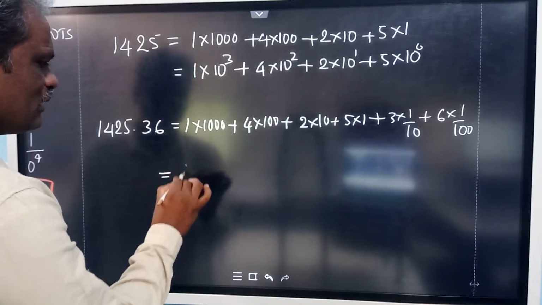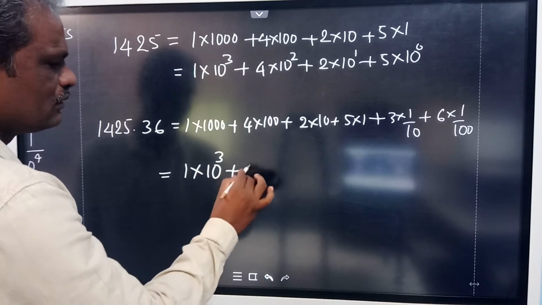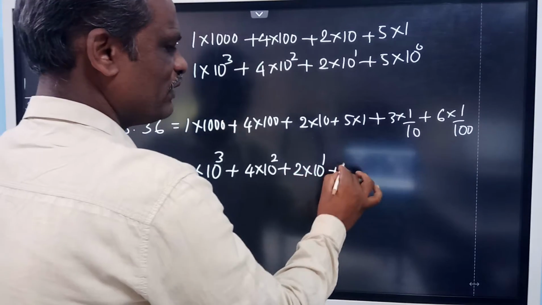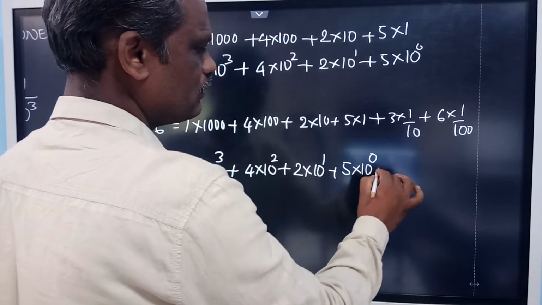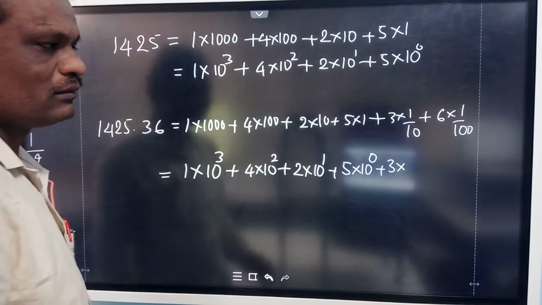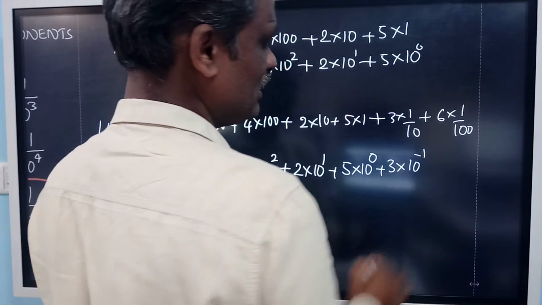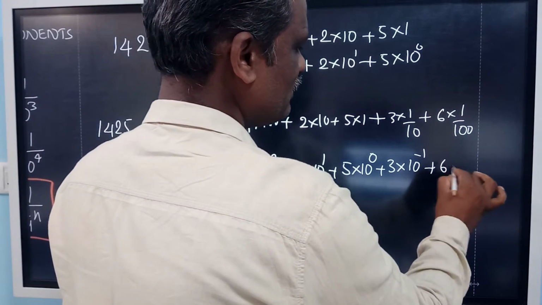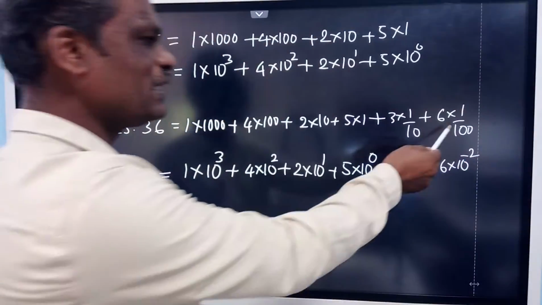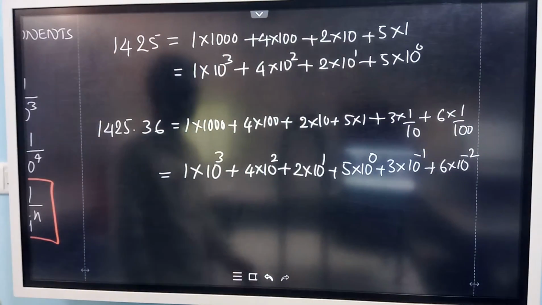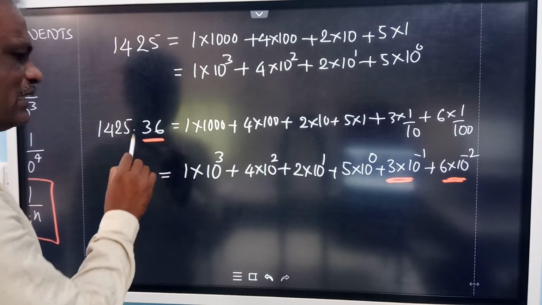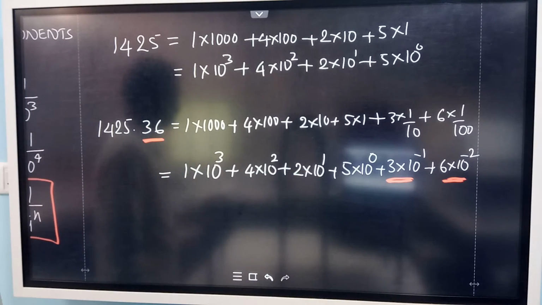So in exponential form, 1 into 10 raised to the power 3, 4 into 10 raised to the power 2, 2 into 10 raised to the power 1, 5 into 1 means you can write 10 raised to the power 0, then 3 into 1 by 10, you can write 10 to the power minus 1, 6 into 10 to the power minus 2. 100 can be written as 10 square. Then taking it to the numerator, the exponent becomes negative. So we are using the negative exponents here to represent the decimal part.